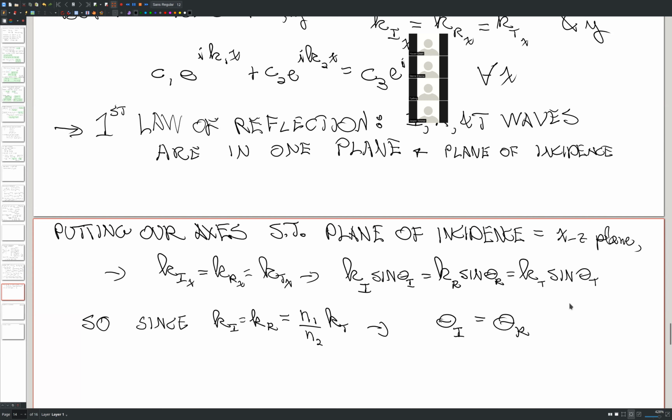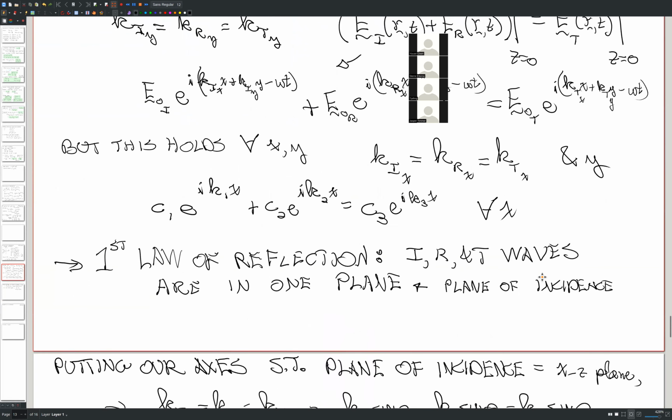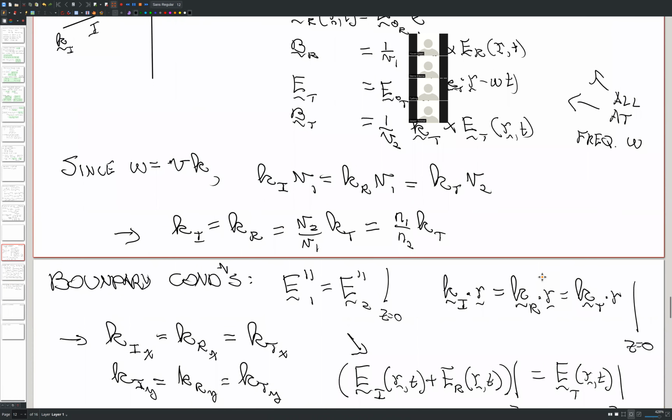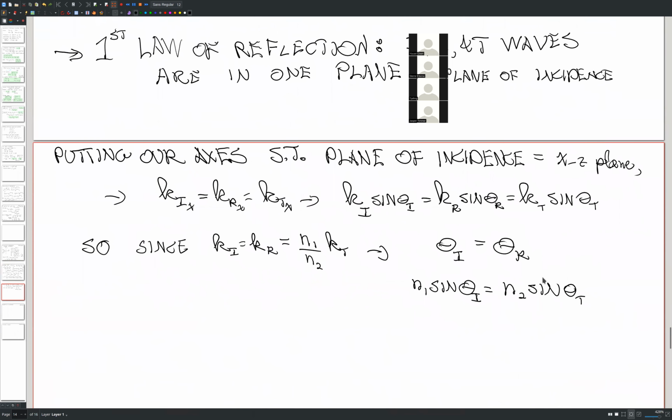So the reflected angle is equal to the incident angle, and n1 sine theta_incident is equal to n2 sine theta_transmitted.